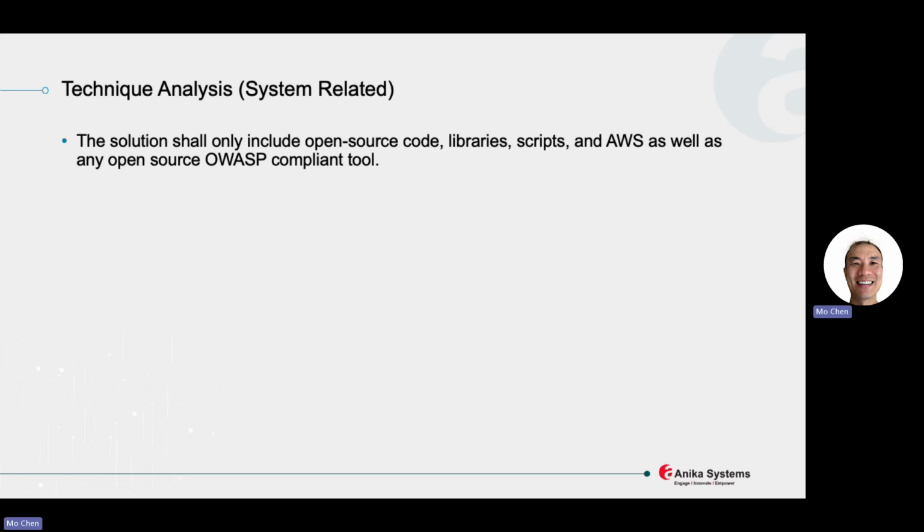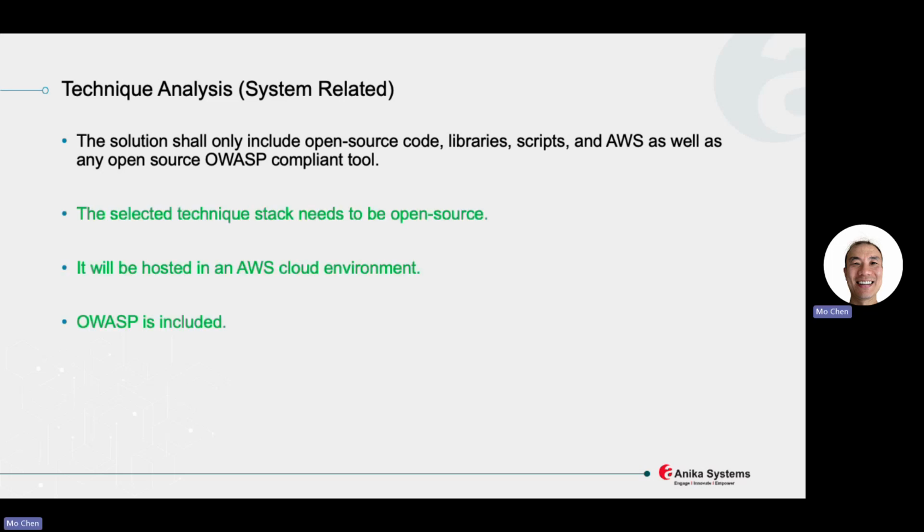The solution shall only include open source code, libraries, scripts, and AWS, as well as any open source OWASP compliant. So we can only choose the open source technology, and the system should be hosted in AWS.